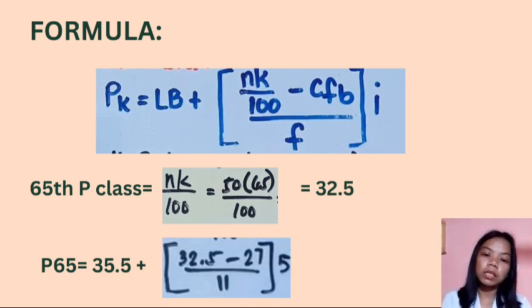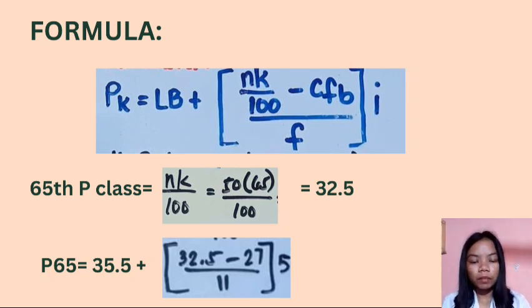So it means that the 65th percentile class is 32.5, and in the less than cumulative frequency we don't have 32.5. It means that 32.5 is in between 38 and 27, so we have to find the value greater than 32.5, so we choose 38.